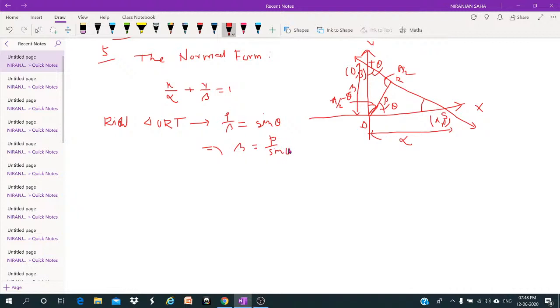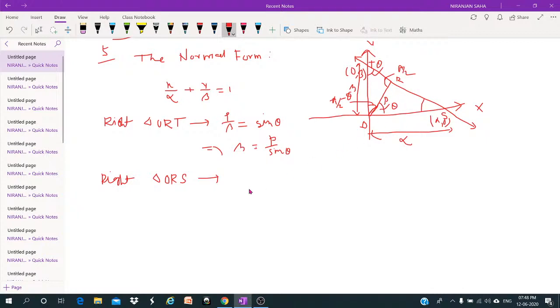And from the right triangle ORS, with respect to this angle, this is the base and this is the hypotenuse.